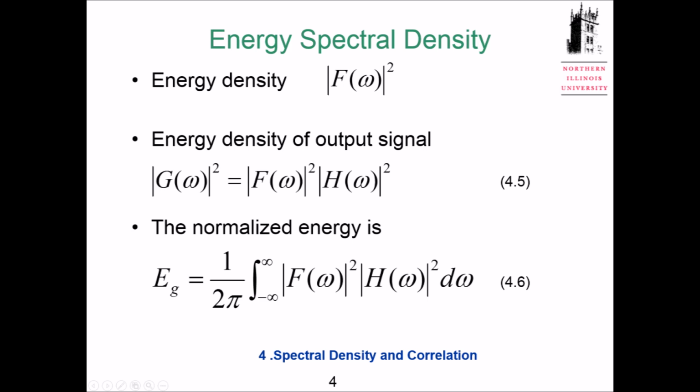Now, an energy signal will pass through a system. This is my input, and this is my output. We are going to connect output and input with the frequency response, H(omega), of your system.